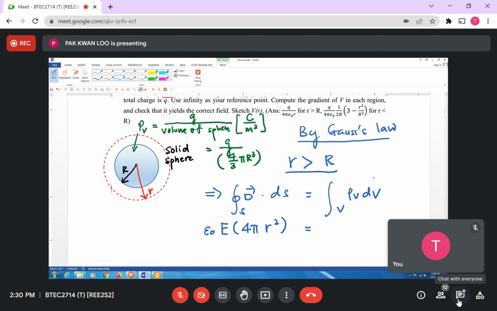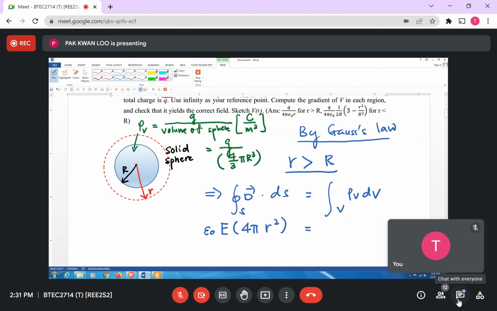On my right hand side is the volume enclosed by the Gaussian surface.